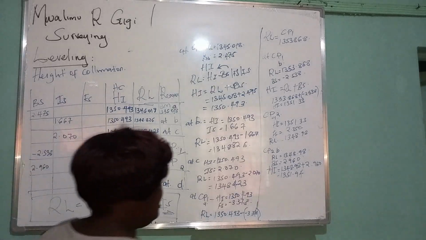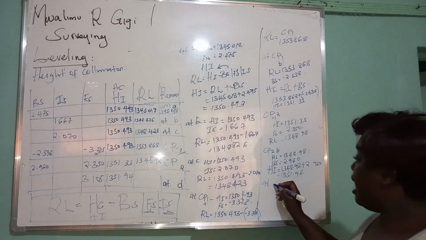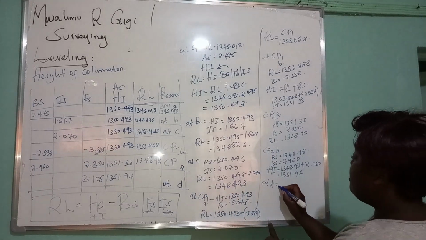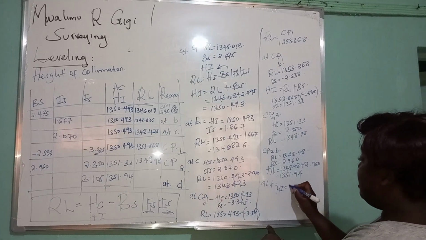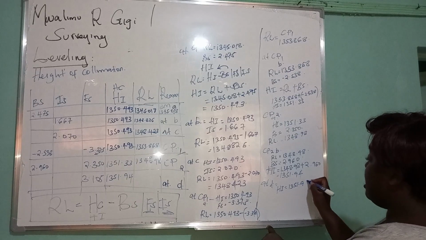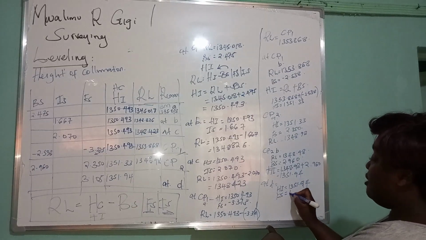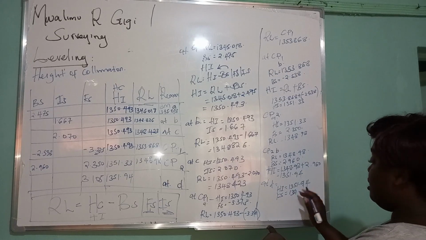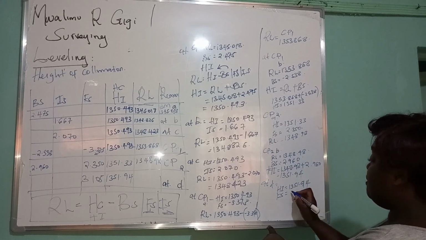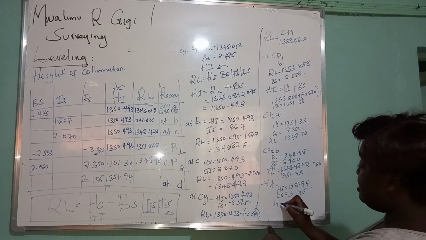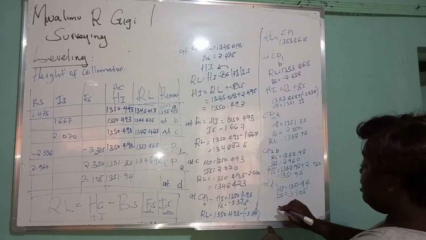So at D, what do we have? We have the height of instrument as 1351.94, and we also have a foresight of 3.105.